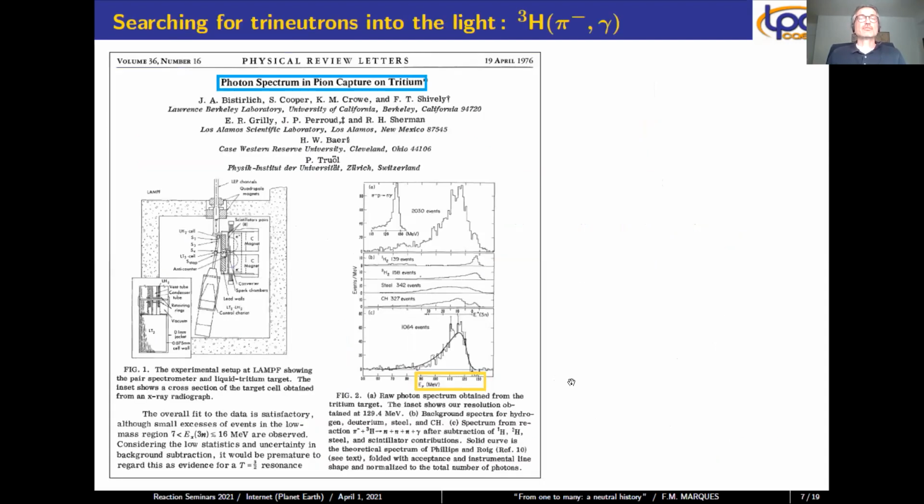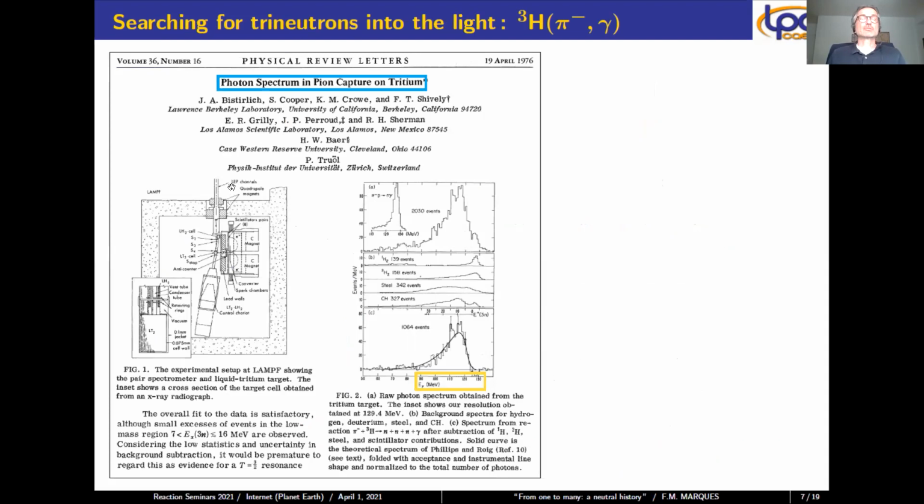Before finishing, pion charge exchange, double charge exchange, this is an interesting case. So this is pion single charge exchange. So instead of pi minus, pi plus, it is pi minus, gamma, and then you use a triton target.